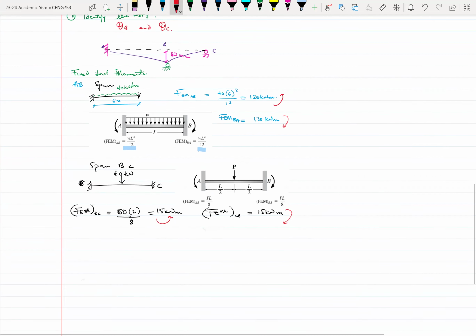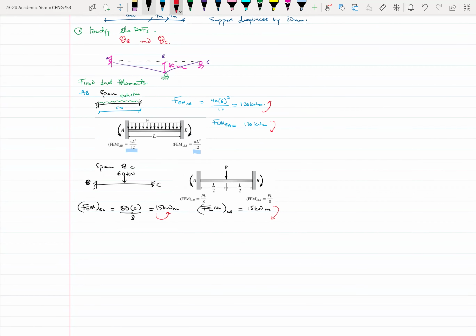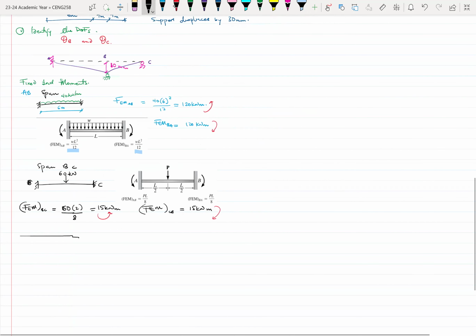Once we find the fixed end moments, we write the equilibrium equations.